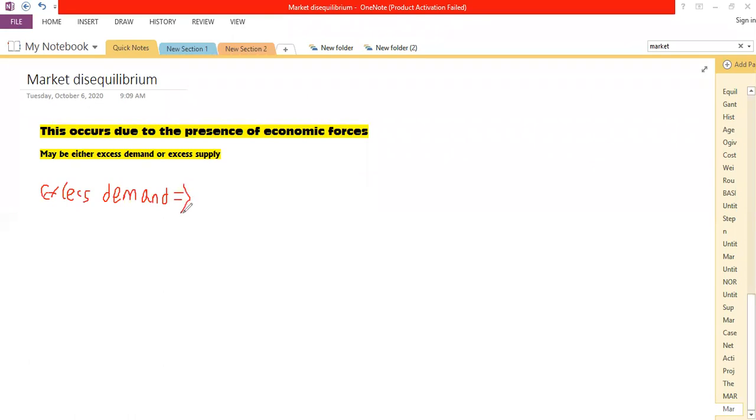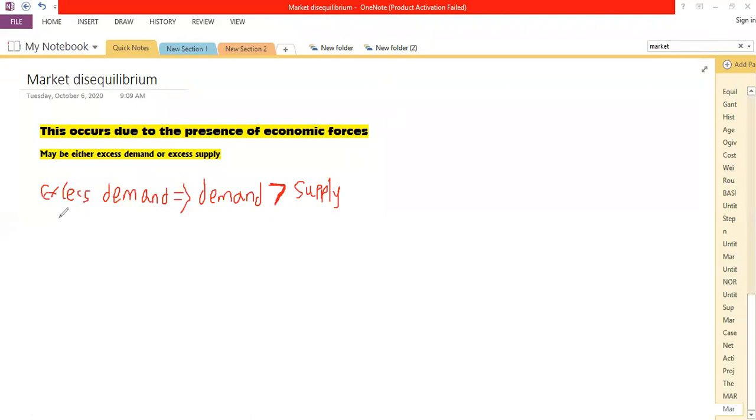This is an economic force which occurs when demand for the commodity in the market exceeds the supply. The question is, if demand, or what is being demanded by the consumers, is more than what the suppliers have provided in the market for a given commodity, our problem is what will happen to the market for that commodity?